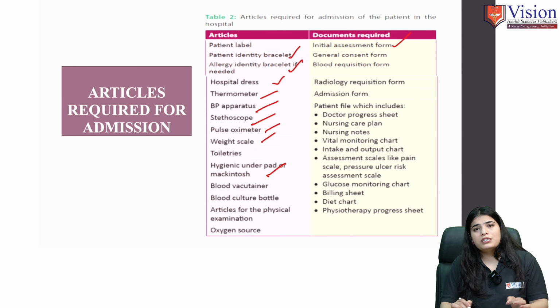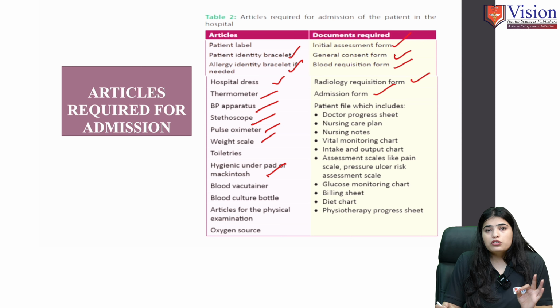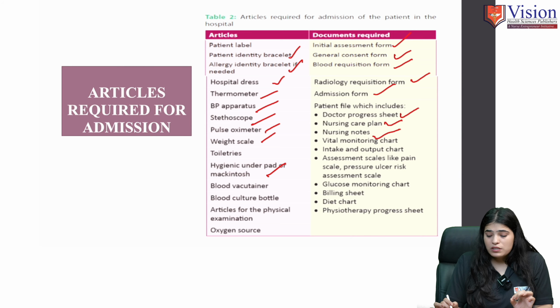And what are the documents we require? The documents are assessment form, consent form, blood requisition form, which might be needed in some conditions, radiology requisition form if we need any radiological examination, and admission forms. And what should be in the patient file? There should be a doctor progress sheet, a nursing care plan, a sheet for nursing notes, and a vital monitoring chart.